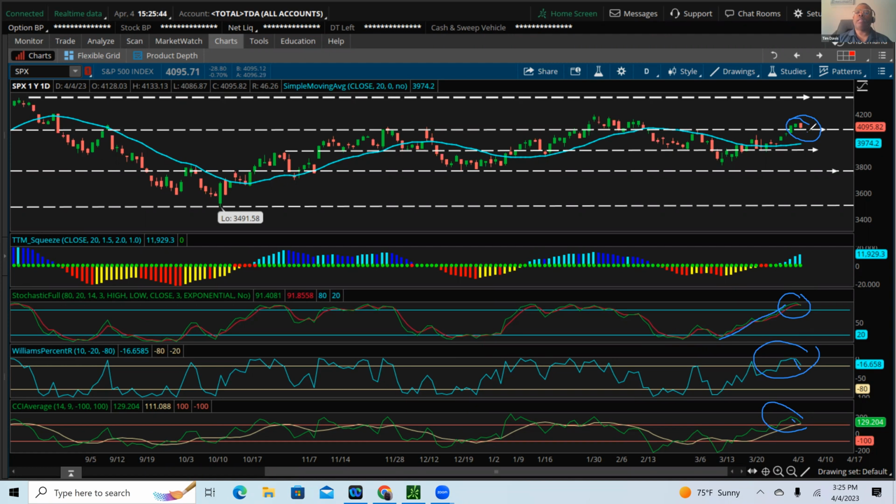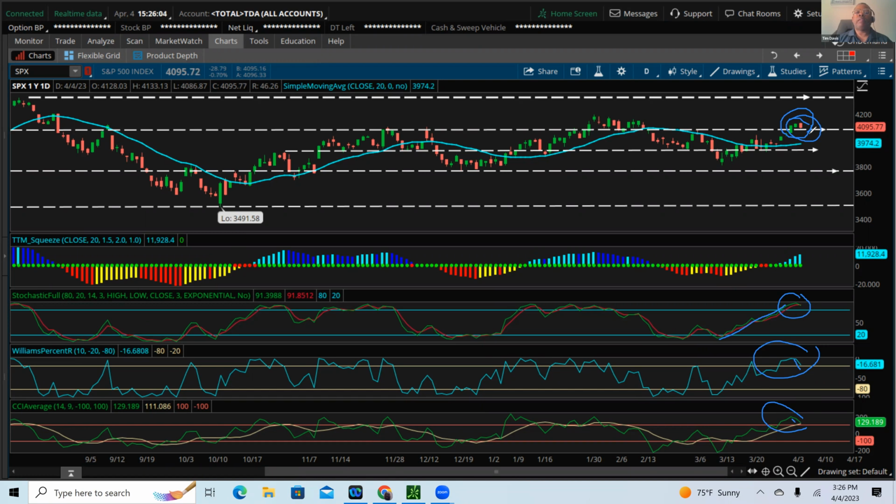So as to whether we will hold this level of support around 4,100, anything is possible, but the indicators are spelling out that this could be a possible continuation to the downside, and we could possibly break this level of support.